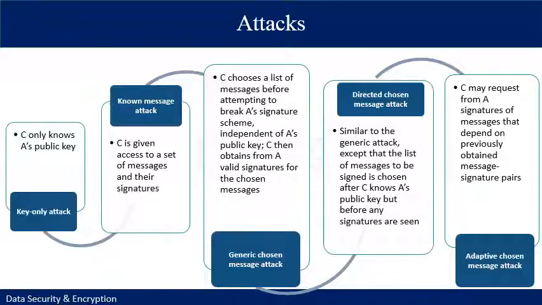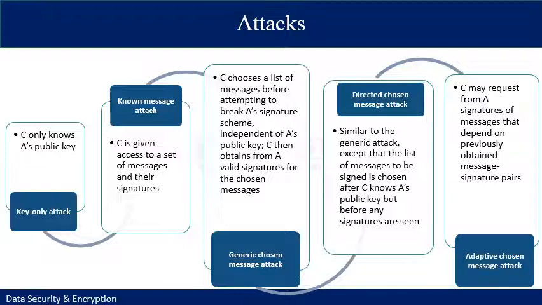Several authors list the following types of attack in order of increasing severity. Here, A denotes the user whose signature method is being attacked, and C denotes the attacker. The first type of attack on digital signatures is the key-only attack, in which the attacker only knows A's public key.